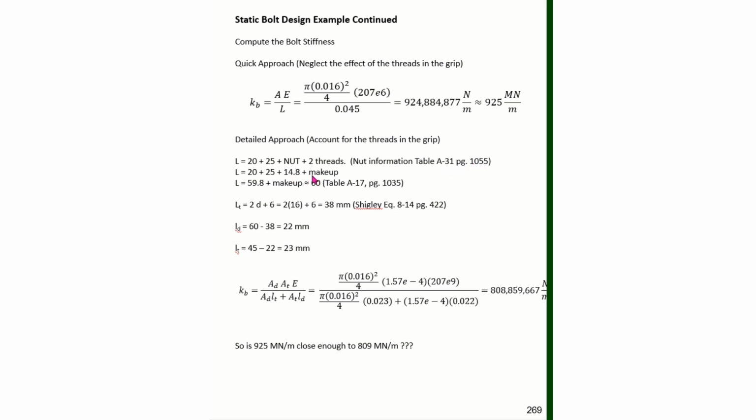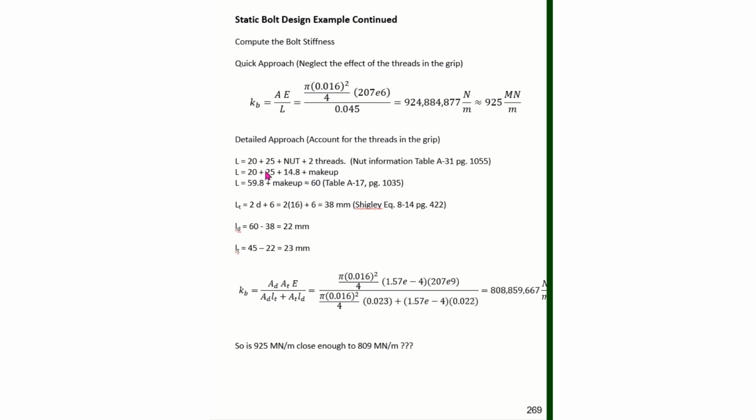Then we have the makeup, and the makeup replaces the 2 threads. If we wanted to go 2 threads, we would simply add 2 times the pitch here. For this particular bolt, our pitch is 2 millimeters, so 2 times 2 would be 4.